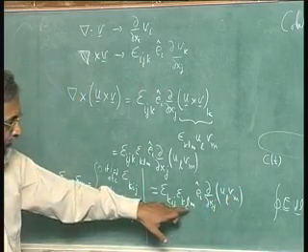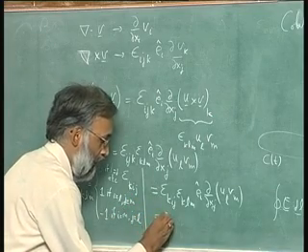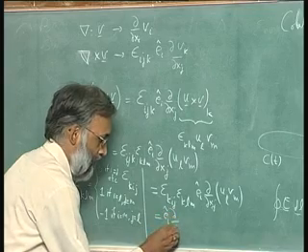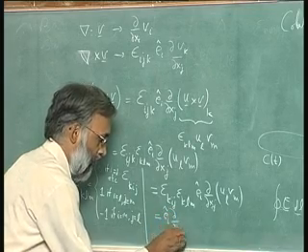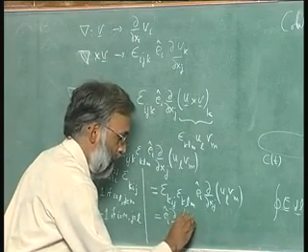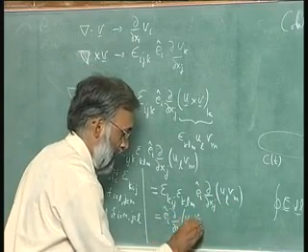So, if they are in the same order, it is plus sign. So, I will say it is equal to ei del del xj times l is equal to i, so ui, m is equal to j, vj.